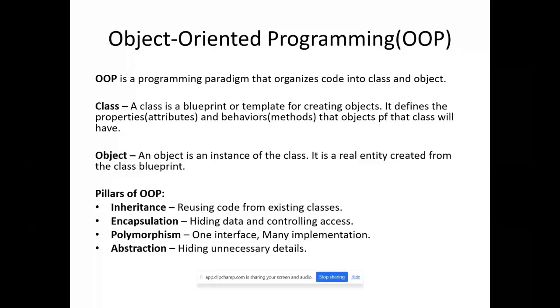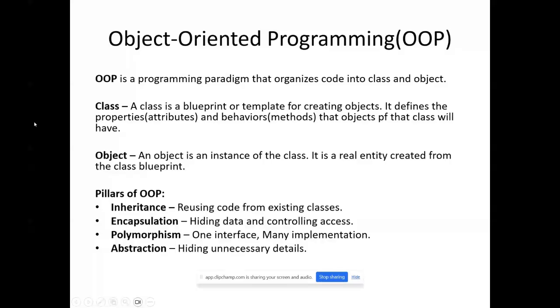So objects' properties will be different. Class will just provide the properties, and according to that, the object will implement those in its own way.